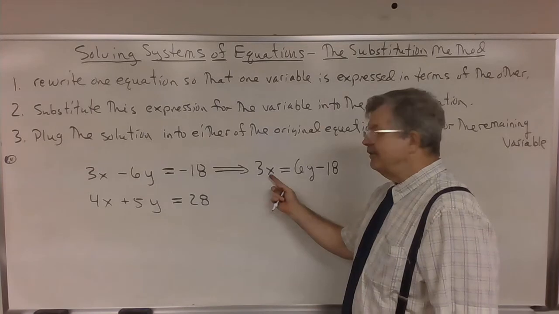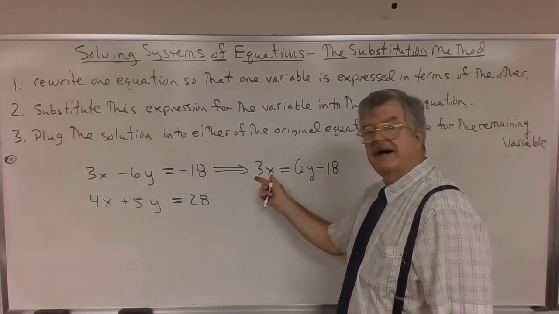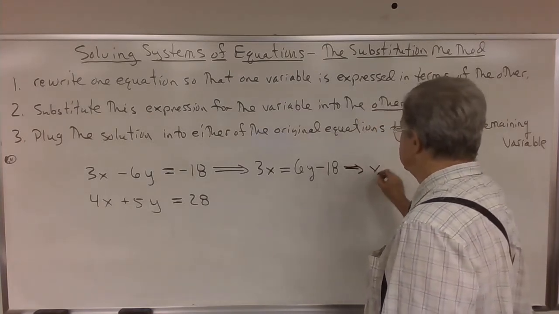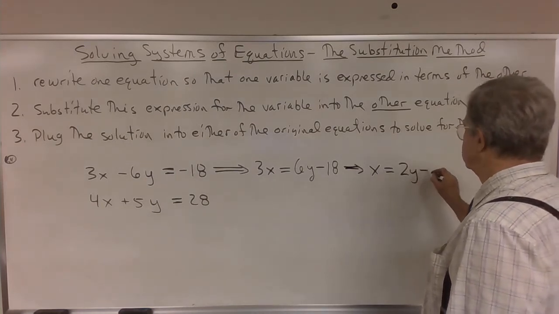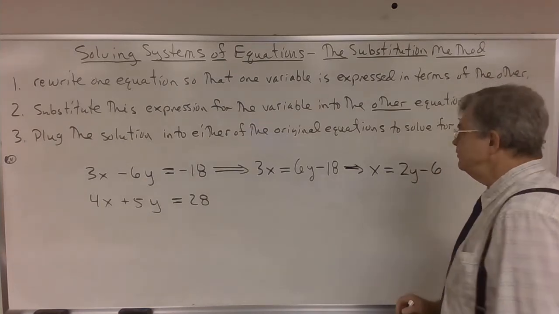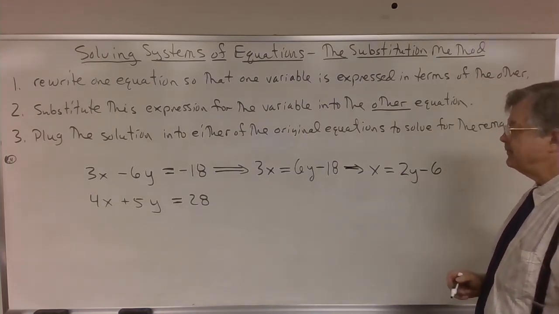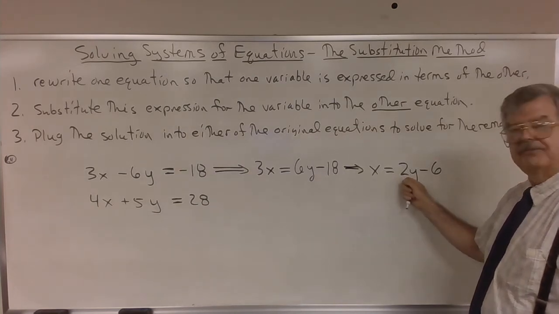Okay, I still haven't solved for x, but I'm close. All I have to do is divide both sides by 3. Let's see, is that right? X equals 2y minus 6. Okay. I've solved for one variable in terms of the other.